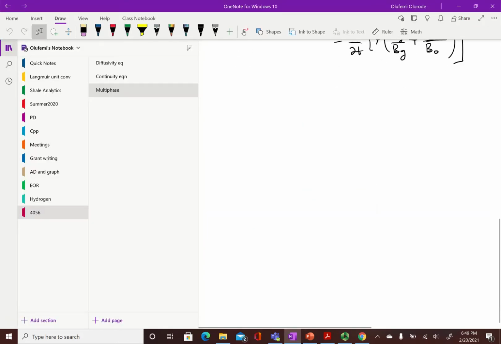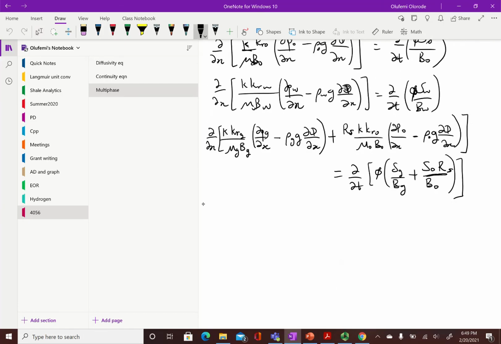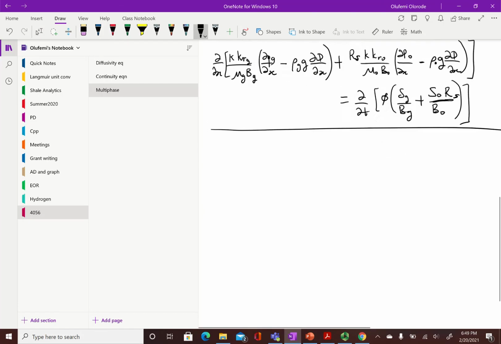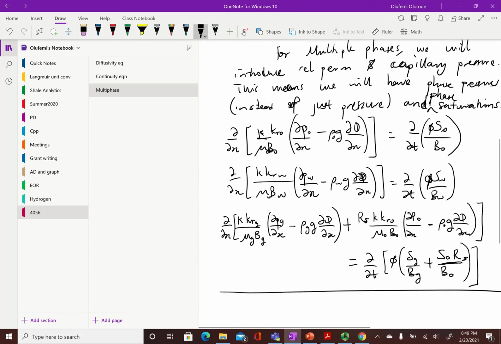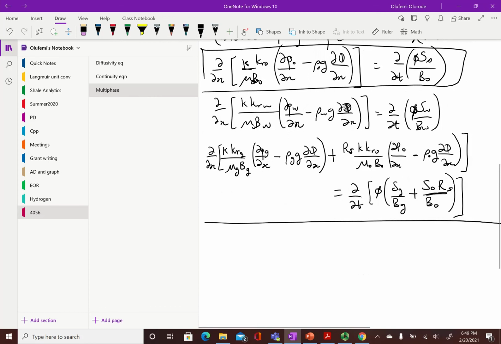I have these governing equations here. You can just do it for one of them, say for oil. Again, you could multiply both sides by area. I choose not to, because you don't have to. Now we want to use the finite difference approximation.